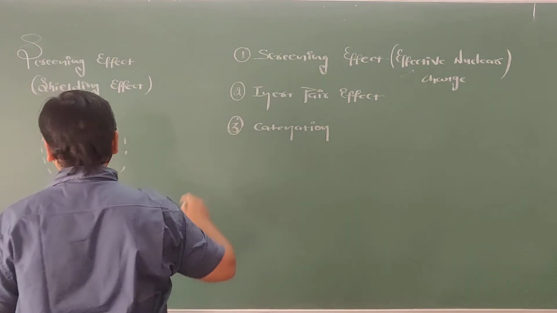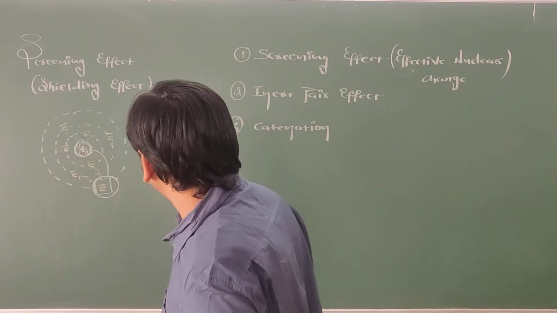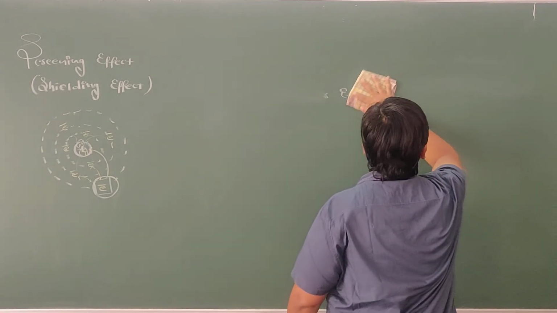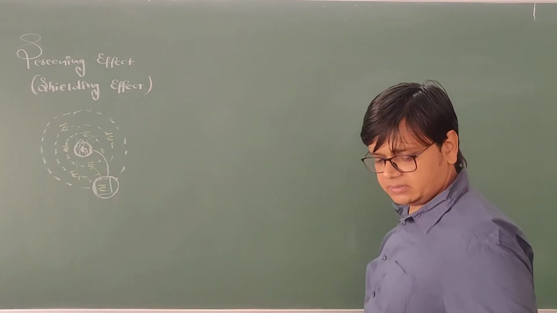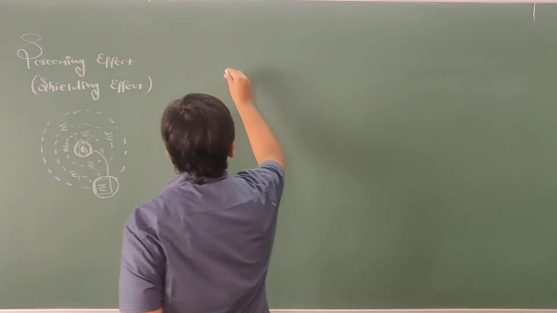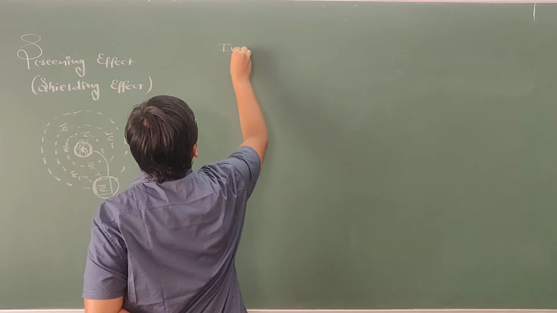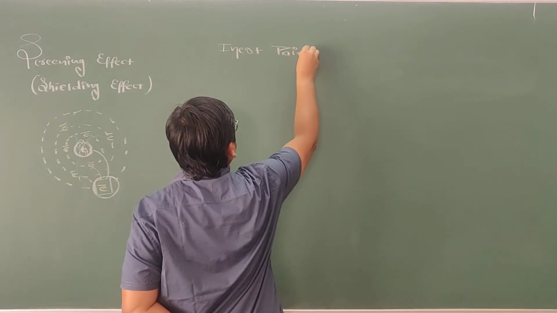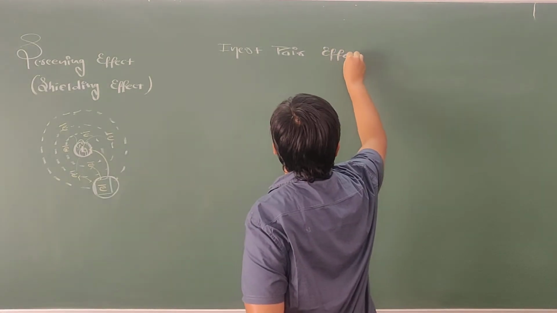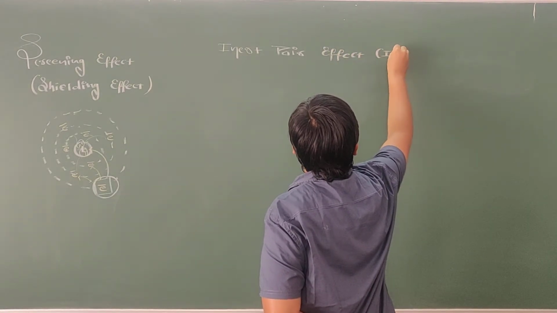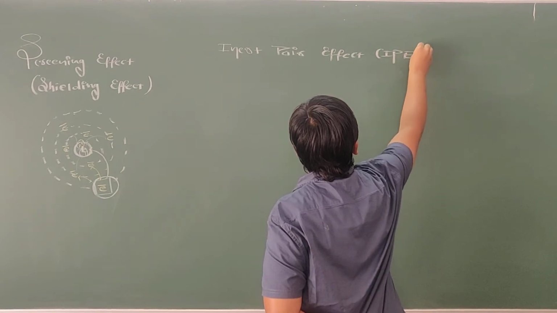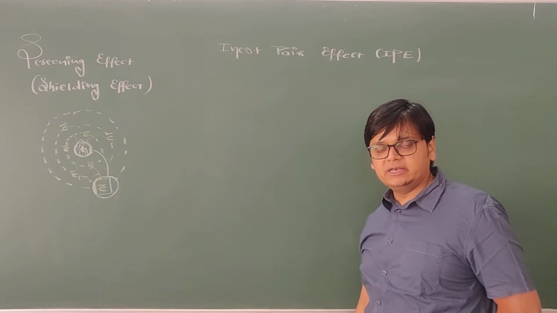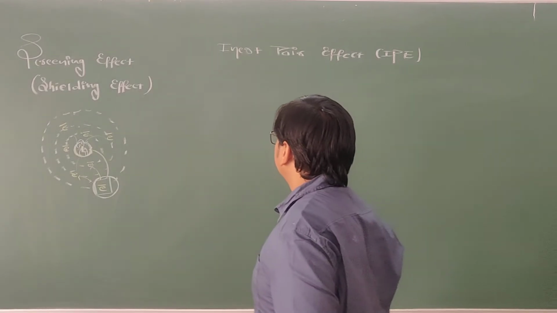Second is inert pair effect. It is also interesting. It is called IPE. So what exactly is inert pair effect?